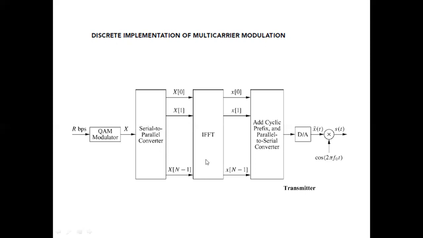Okay, so here we use IFFT. Why IFFT? We usually have the habit of taking the data. In IFFT, the input is supposed to be frequency and the output is supposed to be time. Now, here we took our data and reduced the speed by converting it from serial to parallel, and then we are putting it on a time domain channel.